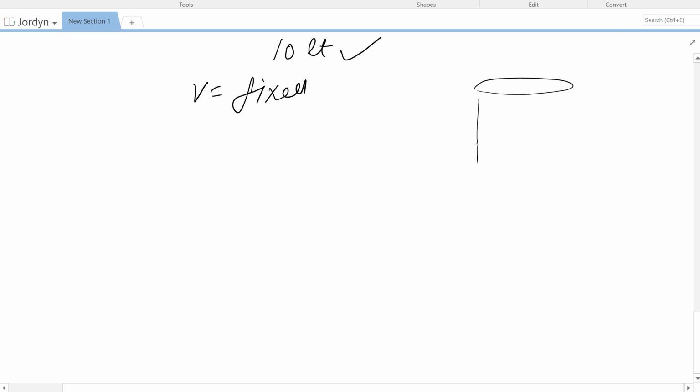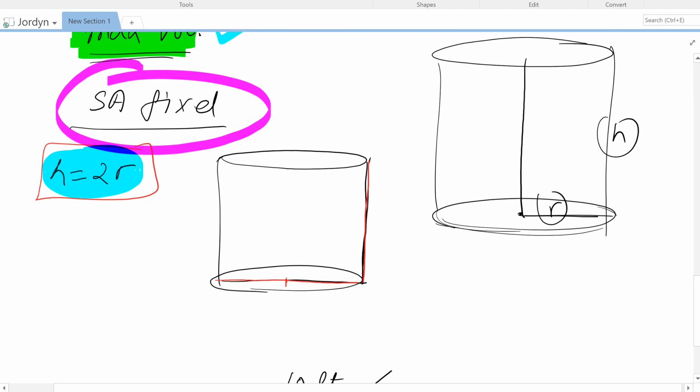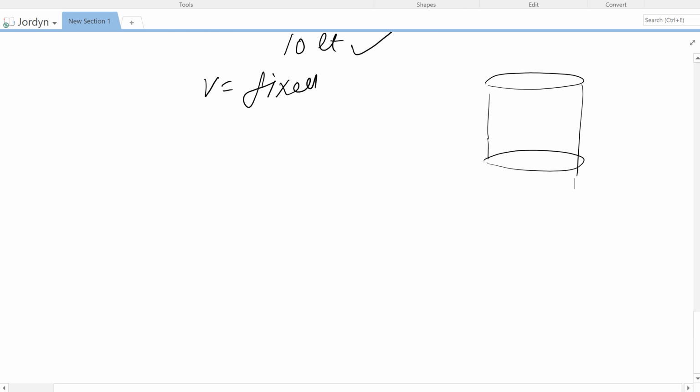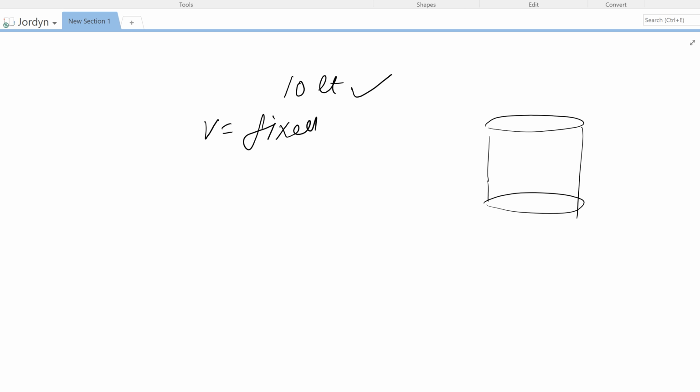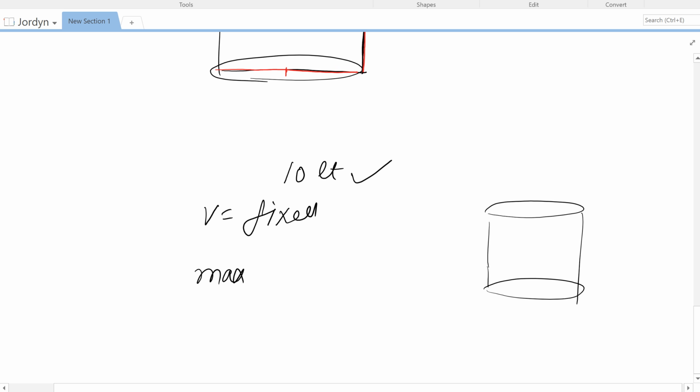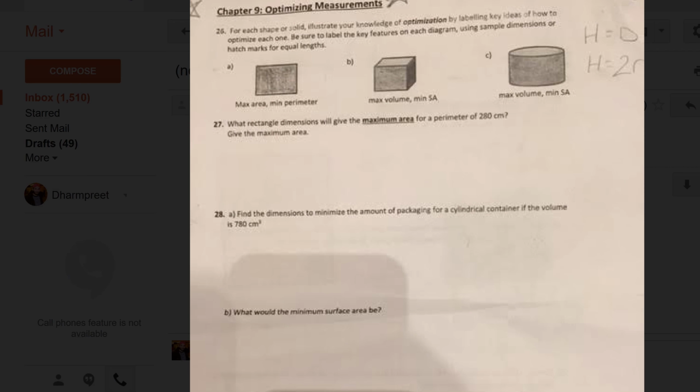So we just learned, in the same manner as we did here, that in order to maximize the volume, the surface area was fixed. We did h equals the diameter of the circle. So in the same manner, we're going to do the same thing in order to minimize the surface area.